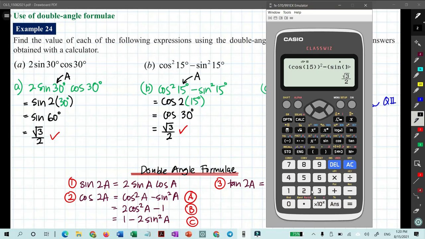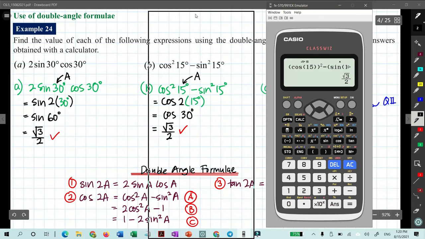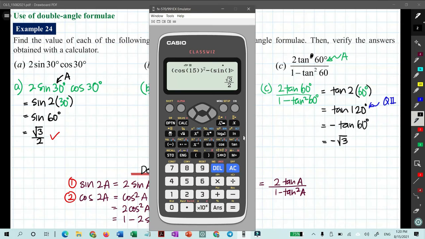And the final answer is yes, square root of 3 over 2. And for the last question, 2 tangent 60 over 1 minus bracket tangent 60, close the bracket, and then you square it. And the final answer is yes, negative square root of 3.